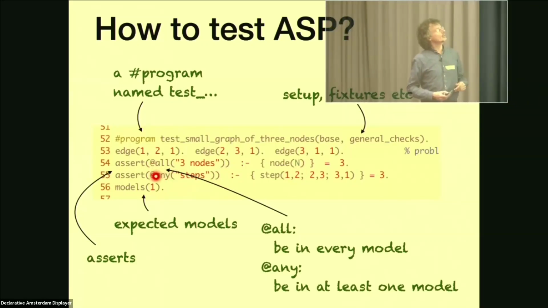But here I use any, which actually means there must be any of the solutions you found, any of the models you find, must have this as a truth. Now, in this case, there's only one model, so this doesn't make any sense. But we'll see later that it's really important to make this distinction between any and all. Basically, all says if you produce 3 models, then all of them have to have this information. If you use any, they say there must be at least one model that has this information.